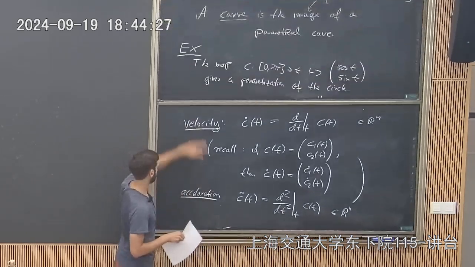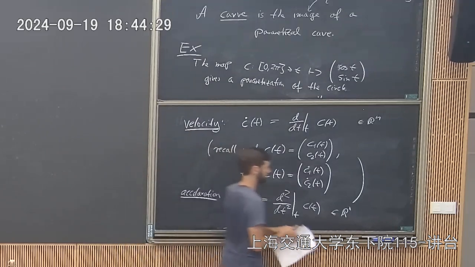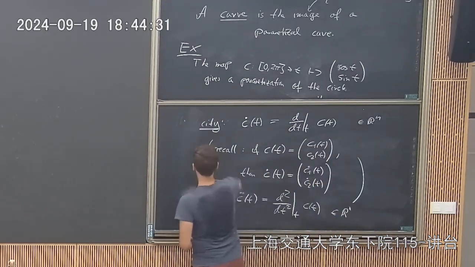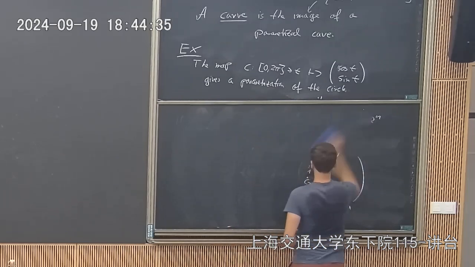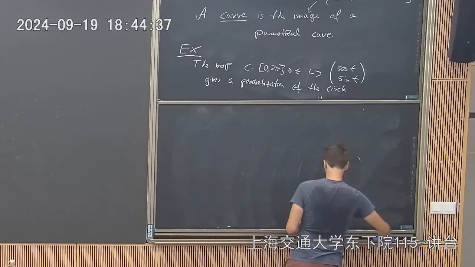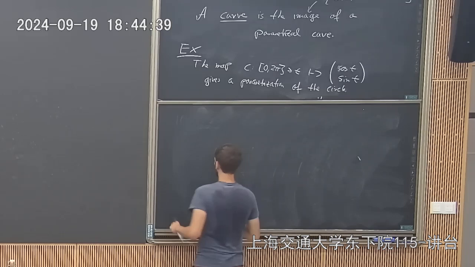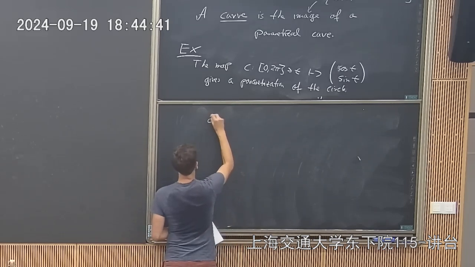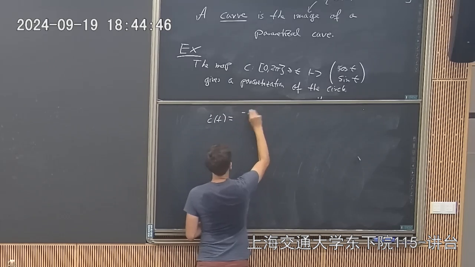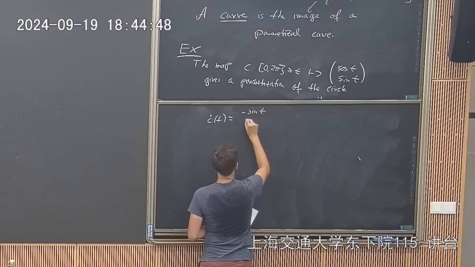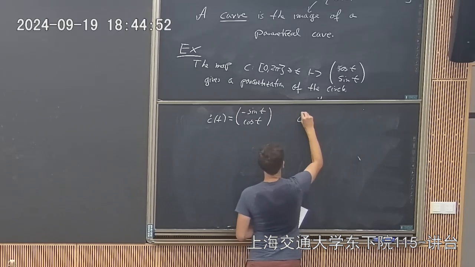And let's calculate the velocity and the acceleration for that example, just for completeness mostly. So the first derivative is minus sine t and cosine t.